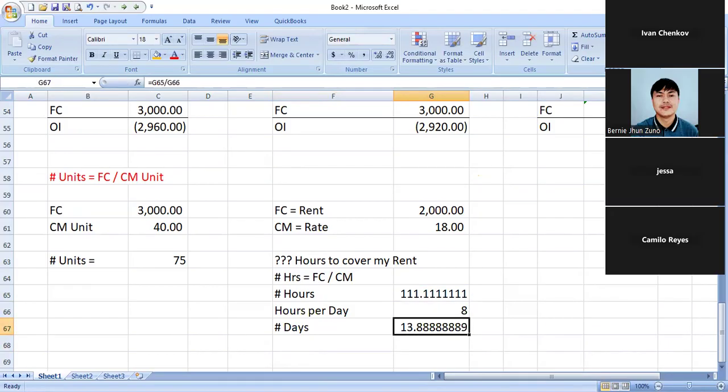So once you finish the 14th day of work, when they pay you $18, you're going to generate $2,000, which will be enough to cover your rent. That's your practical application of this.